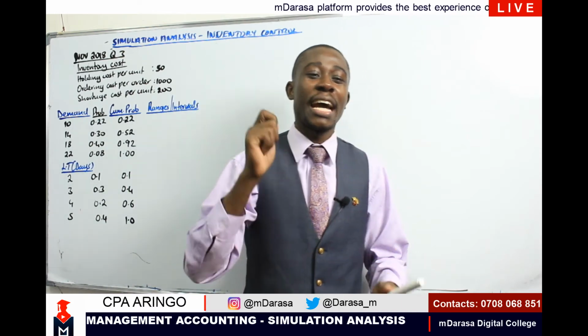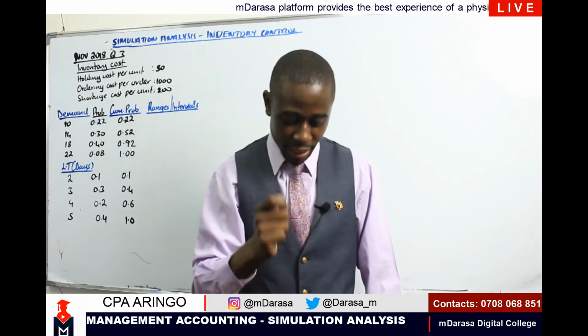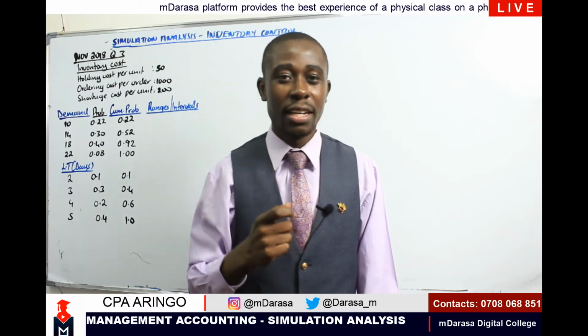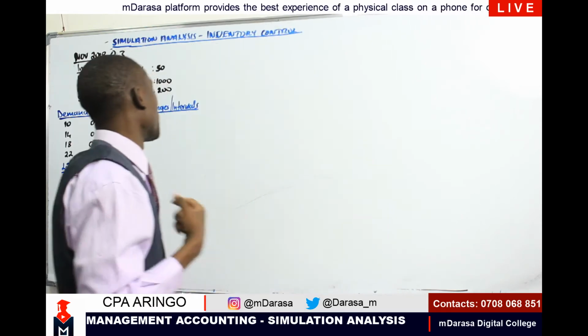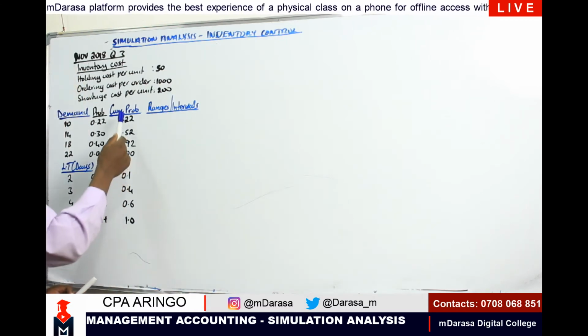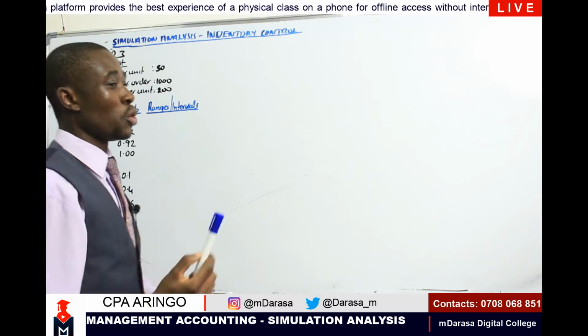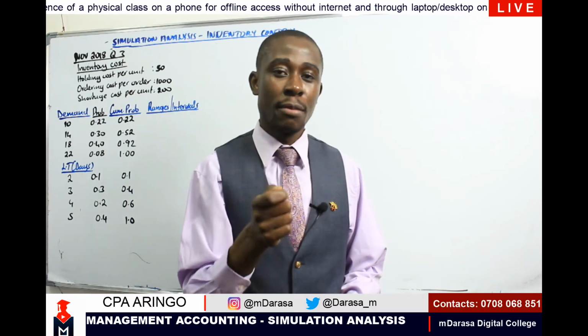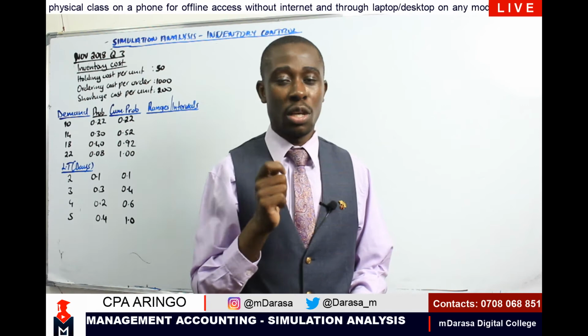This is where I need you to concentrate very well. In coming up with our ranges, the cumulative probabilities will always guide us. And mark this correctly: I must always consider the number of decimal places that we are given.